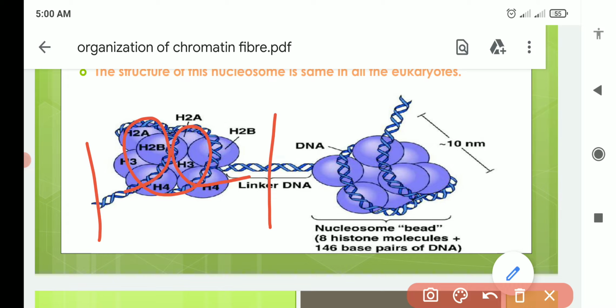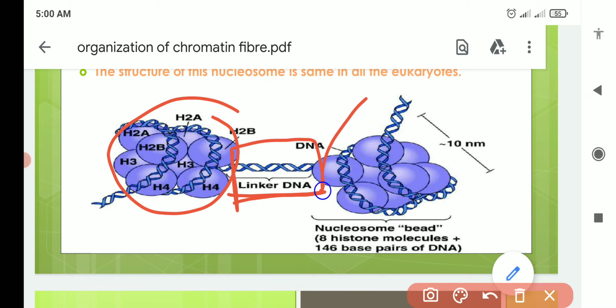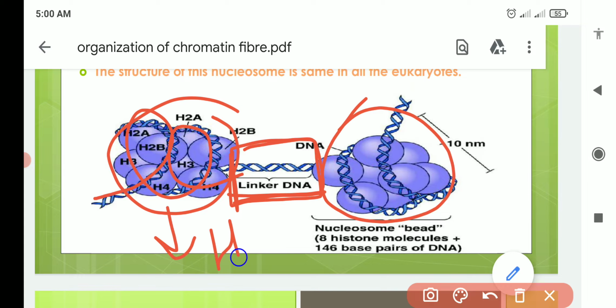The rest of the base pairs are in the linker DNA, the DNA between two histone octamers: one histone octamer, then a second one. So 146 base pair is coiled around the histone octamer, and the remaining, around 56 base pair, is the linker DNA.